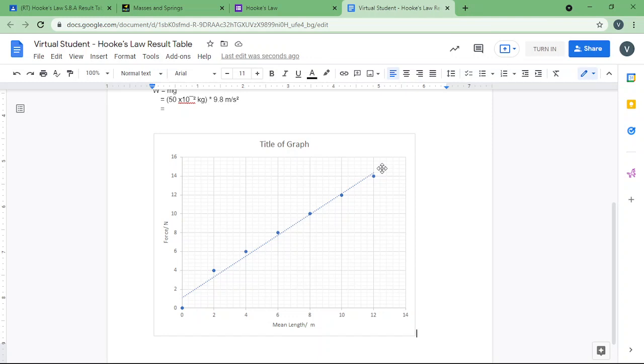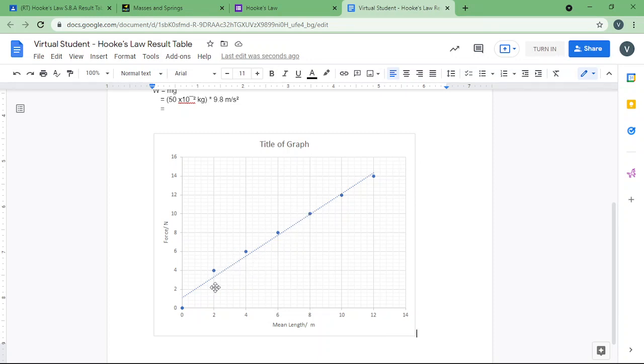There are some teachers who accept it as it is right here, and there are others that do not. They want you to go through origin so that you can get the most appropriate line.